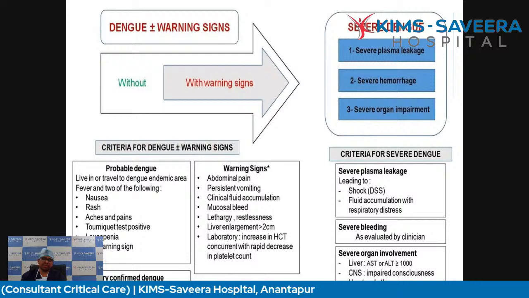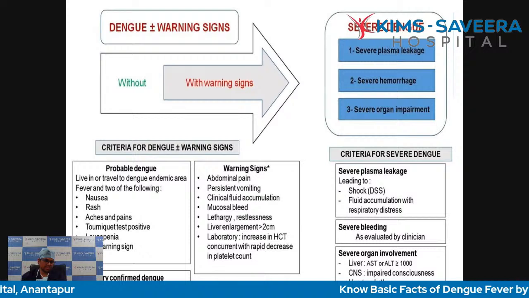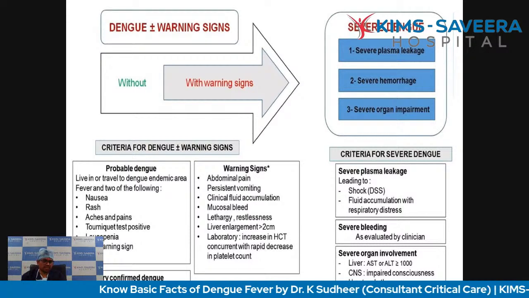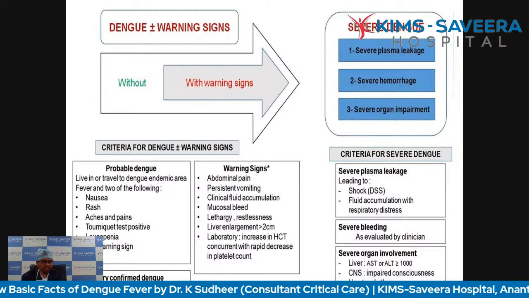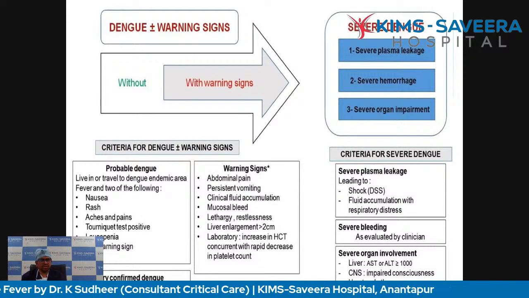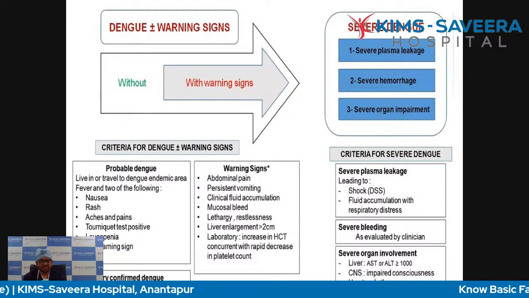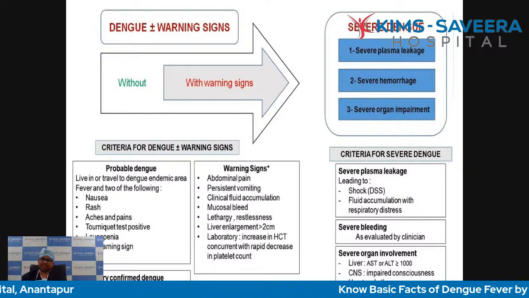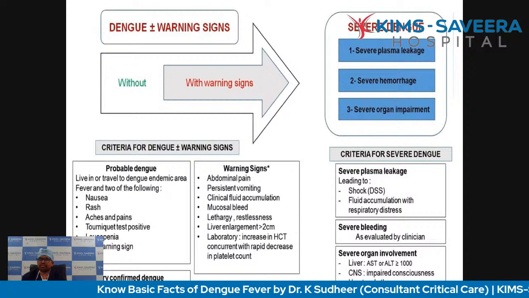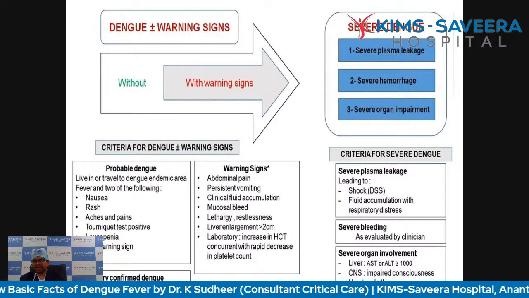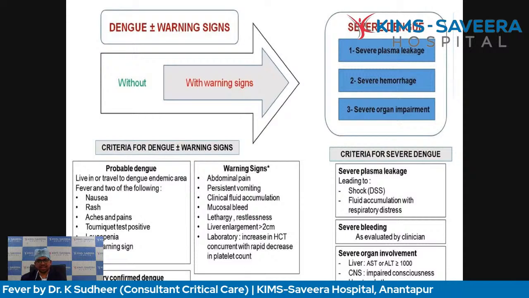Warning signs are when the patient should be seen by a doctor and admitted to hospital, where we should not treat him further at home. For example, if he has abdominal pain or persistent vomiting, facial swelling or swelling of his feet or limbs, any mucosal bleeding, if the patient is lethargic or restless, or if on ultrasound you see liver enlargement, or in the laboratory tests the hematocrit level is increasing or the platelet count is decreasing.